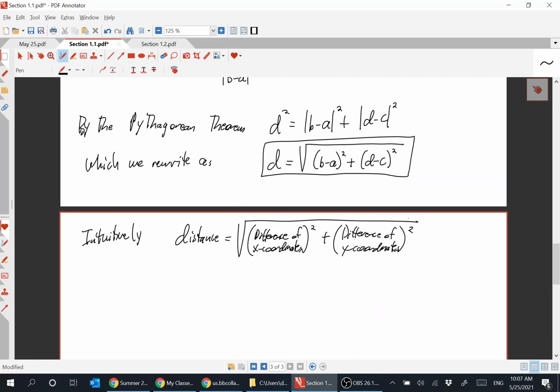All right, so that gives a little bit more of an intuitive feel there. So distance is the difference in the x coordinates squared plus the difference in the y coordinates squared, square root of that.